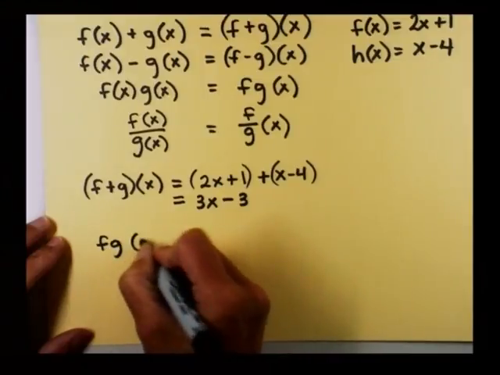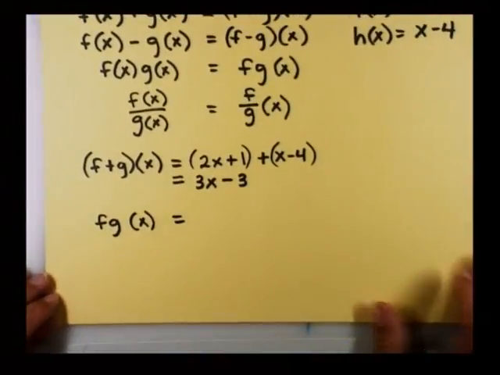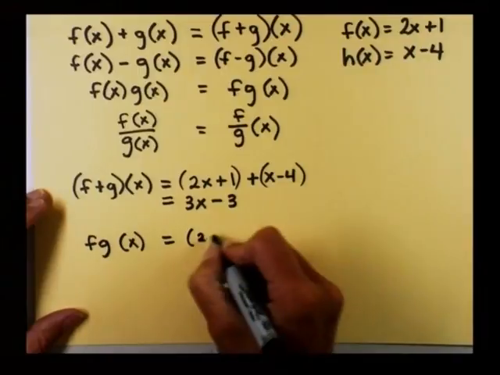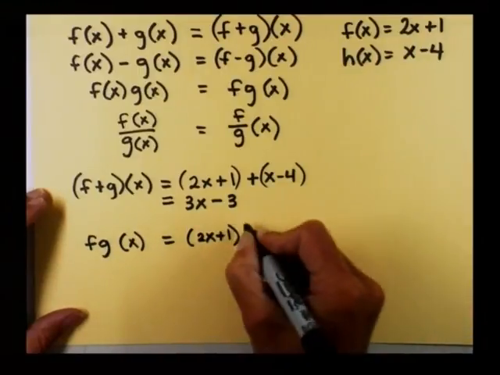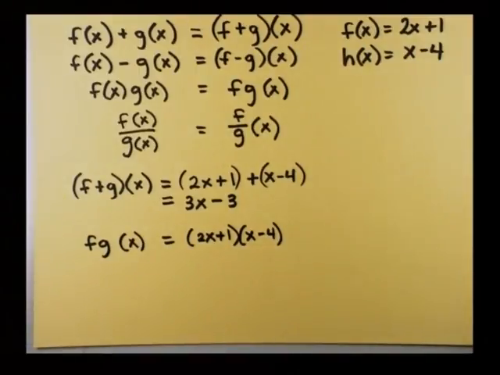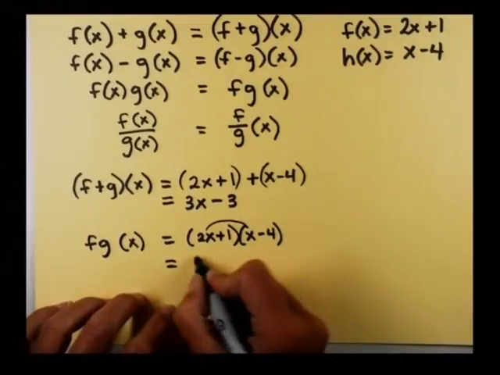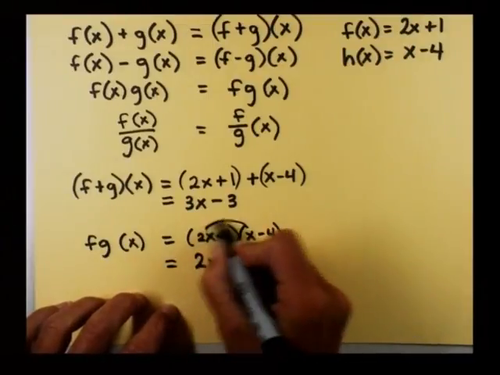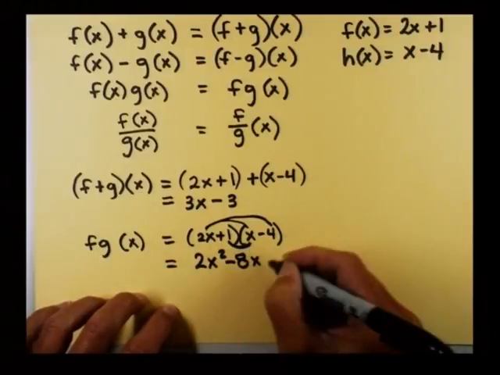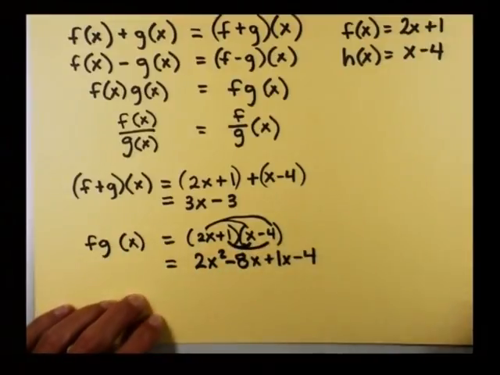Let's try another one. Let's try f times g of x. Multiplying 2x plus 1 times x minus 4. And so now I have to distribute. I'm going to be multiplying this out then. 2x squared minus 8x plus the 1x minus 4.